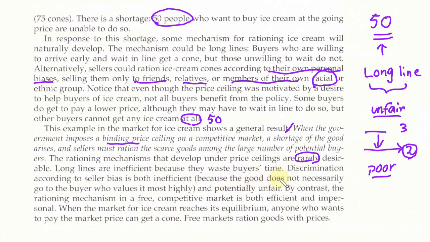This is the opportunity time. Also, discrimination according to sellers' bias is inefficient, because the good does not necessarily go to the buyer who values it most highly, and it is potentially unfair, right? Potentially unfair.